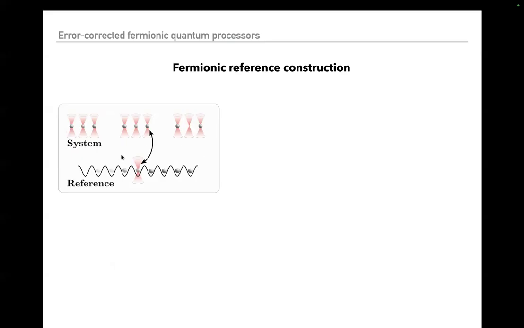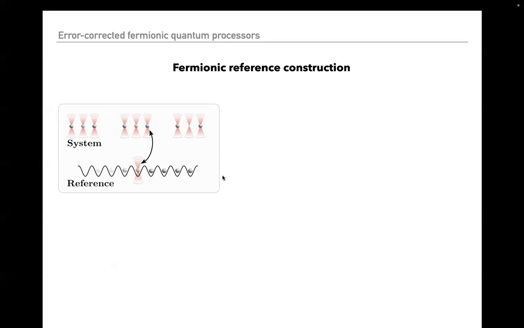But additionally, we let it interact with a global reference that doesn't do any computation by itself. So it doesn't need the full rearrangement capabilities of a tweezer array. It can, for instance, be stored in a much more stable optical lattice, as shown over here.